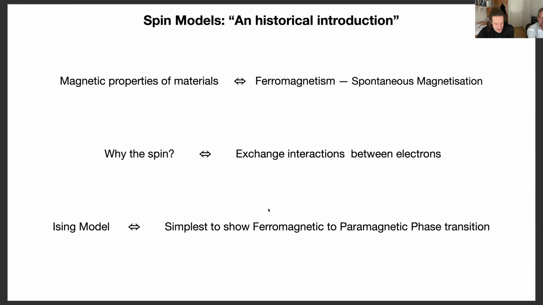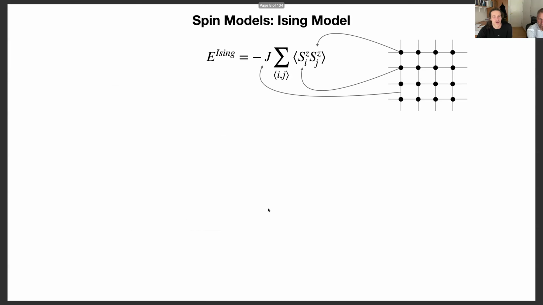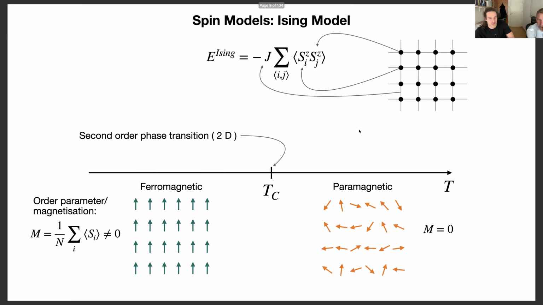In the classical setup, you have this interaction with an energy scale J, and the spins are located at the nodes of the lattice. In this classical regular lattice you have just nearest neighbor interaction, but you can have more complicated versions of the model, which we are not interested in in this talk.